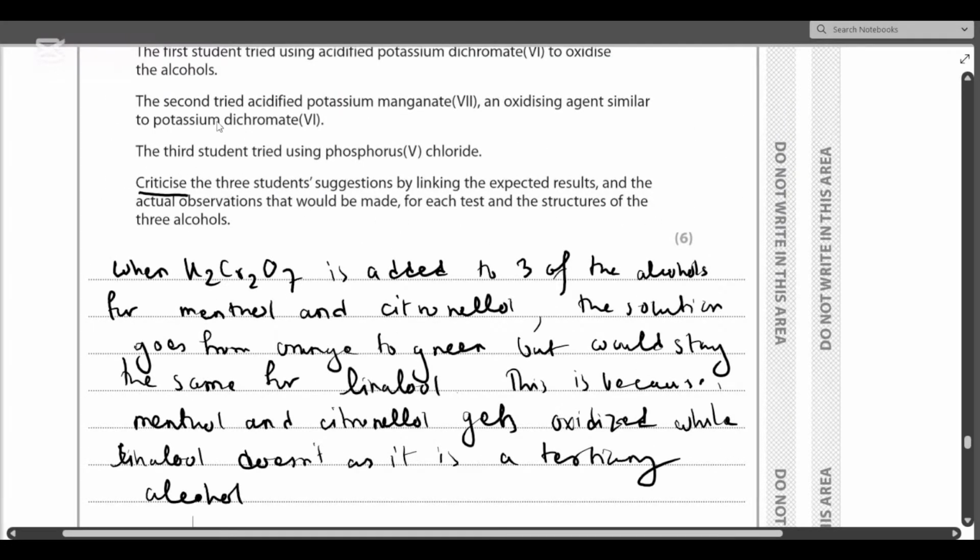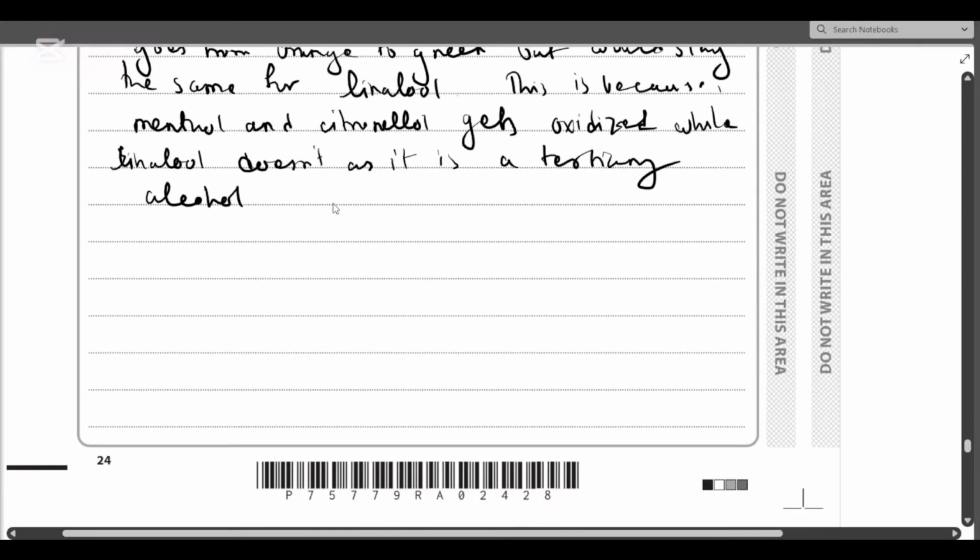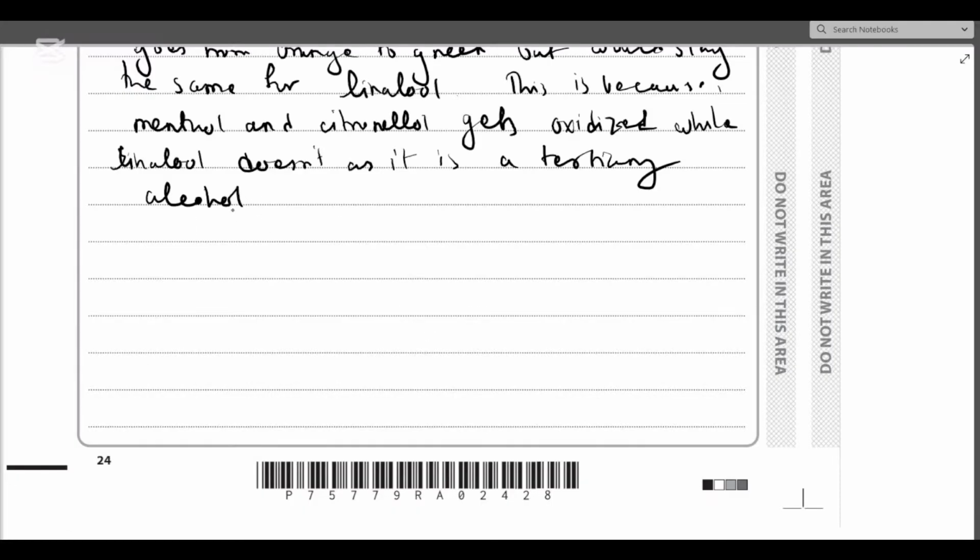Secondly, the second student tried potassium manganate(VII), an oxidizing agent similar to potassium dichromate(VI). If we criticize the second student, potassium manganate(VII) is not a good choice, first of all. When you add it to all three alcohols, it would go from purple to colorless.